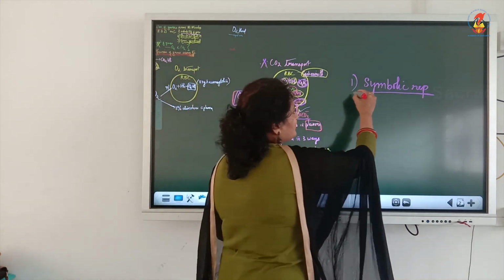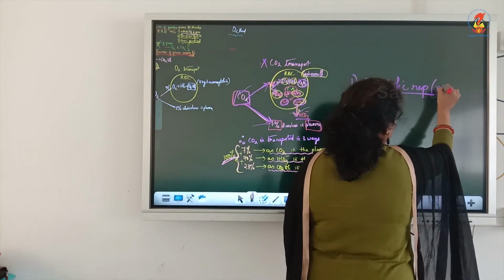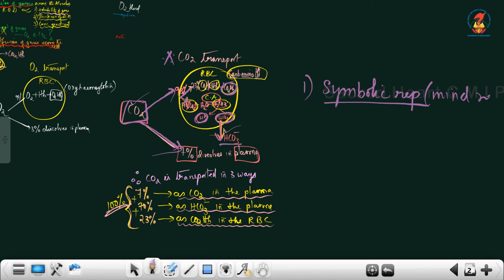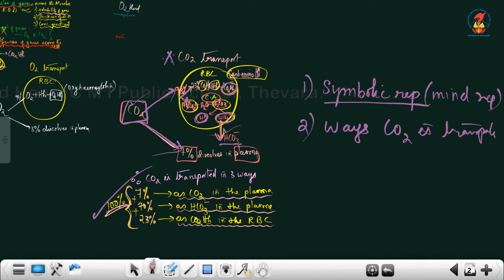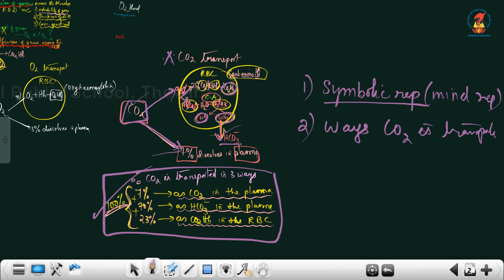So, from the symbolic representation or mind map, you are developing the different components formed for the transport. Then finally you are ending up with the different ways by which carbon dioxide is transported, what I've given in yellow. You have to incorporate this as your second paragraph.